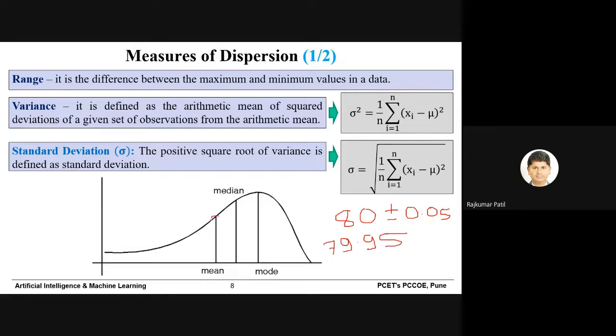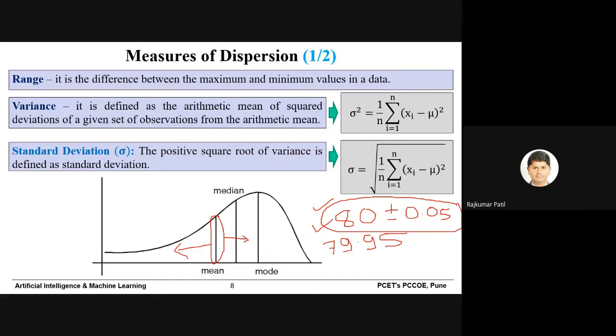Again, this is the mean value 79.95. Again, on both sides there will be a spread. So all the gears having diameters between the upper limit and lower limit defined by the designer will be considered as accepted components, and the remaining will be rejections.